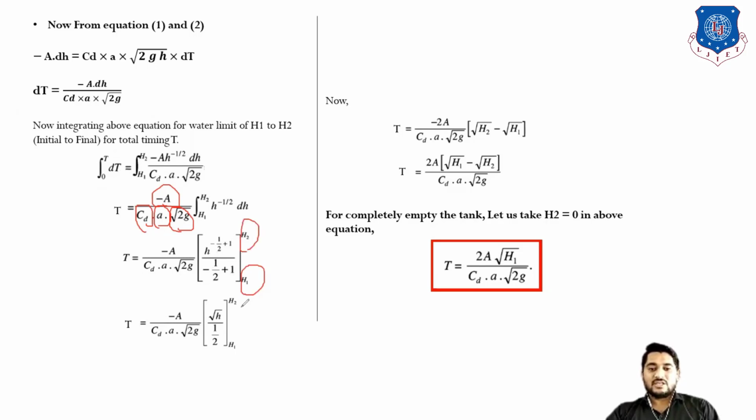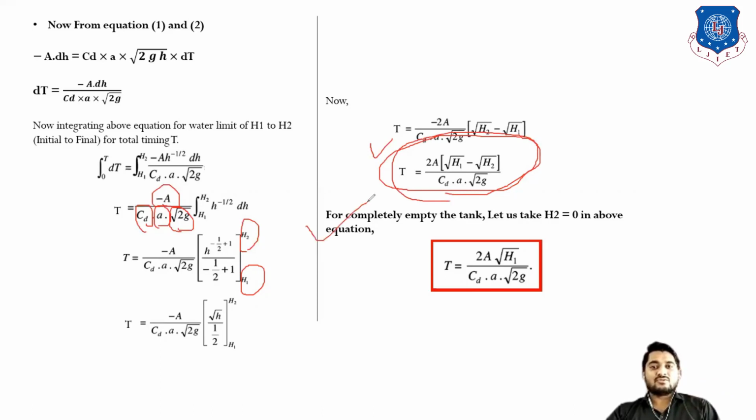If we put the limits of integration into it, we will get T is equal to minus 2A under root h2 minus under root h1 divided by CD a under root 2g. Clear? Let us rearrange the equation. Here the minus sign is taken inside the bracket. So T is equal to 2A under root h1 minus under root h2 divided by CD a under root 2g. This is the time required for the tank for level h1 to h2.